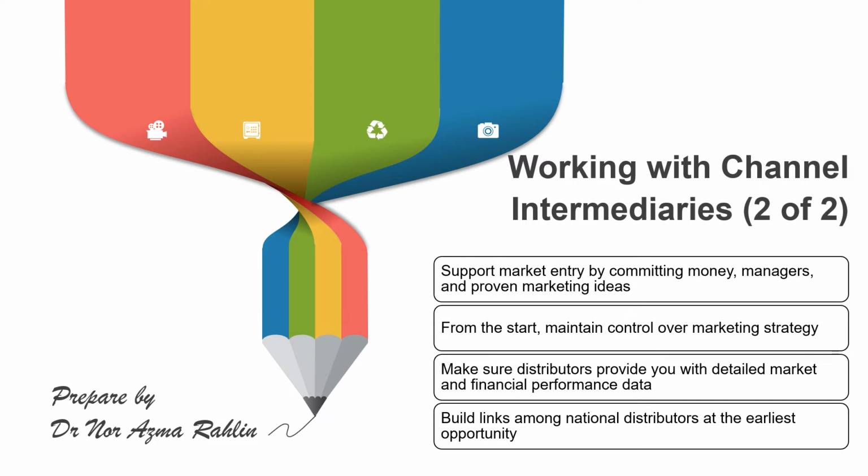This is not to say that the intermediary should not be allowed to adapt the distribution strategy to suit local conditions. The point for the manufacturer, which leads to step number 6, is to make sure the distributor provides you with detailed market and financial performance data.